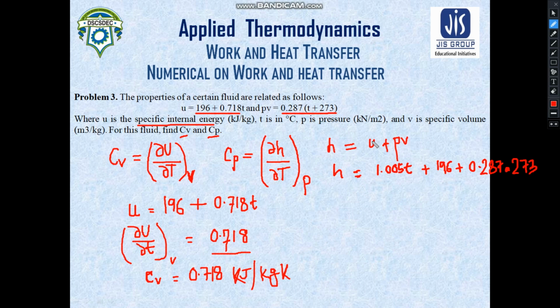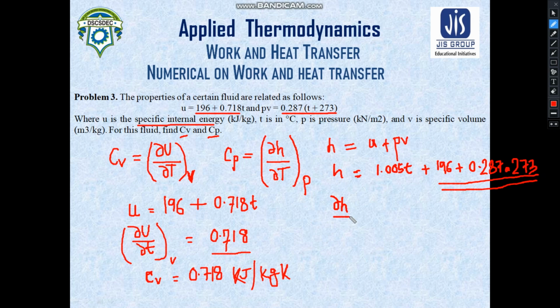Simply adding up u, which is given here as 196 plus 0.718 t, and pv, which is given as 0.287 into t plus 273, we get this. Now this part is irrelevant here because you are going to perform a differentiation with respect to temperature.